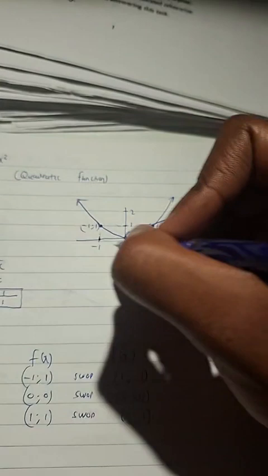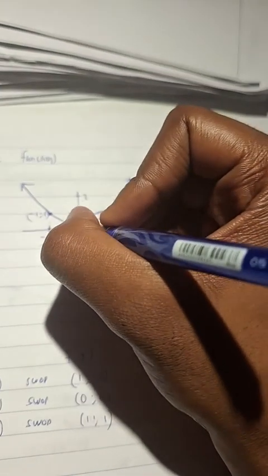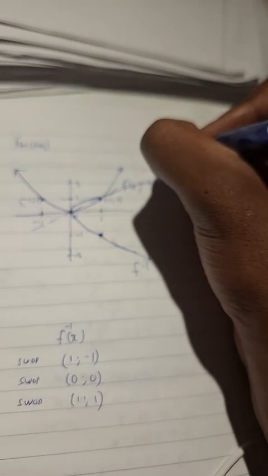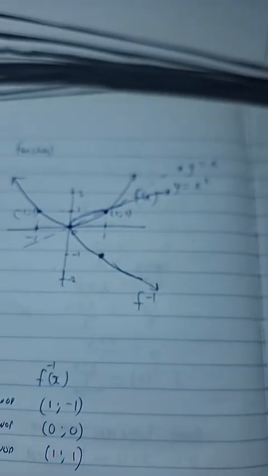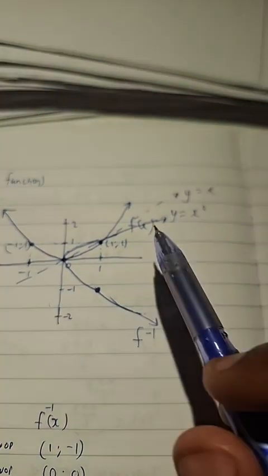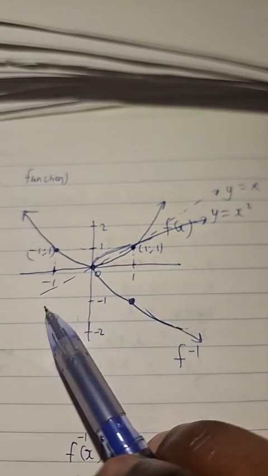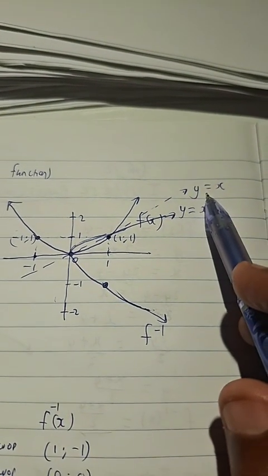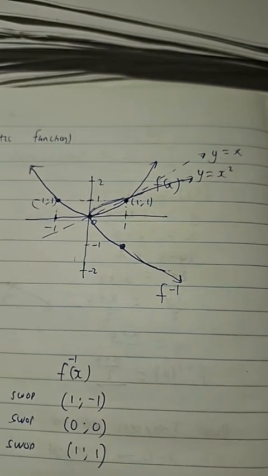What you should then notice is that these two functions are both symmetrical with each other at the line y is equal to x. They are symmetrical with each other at the line y is equal to x.